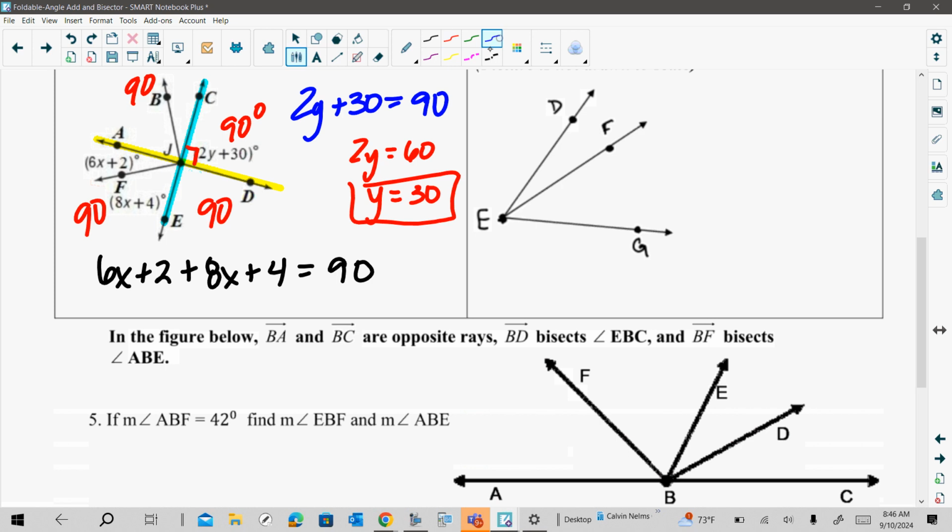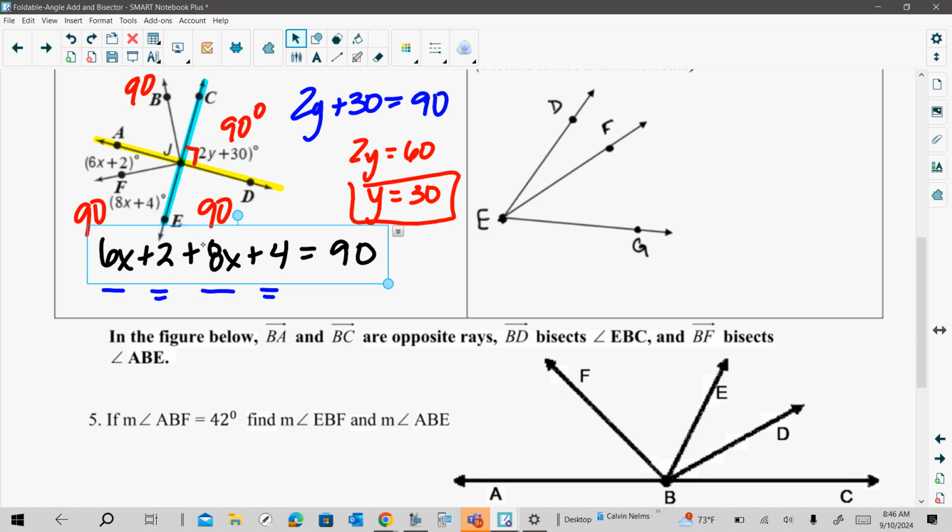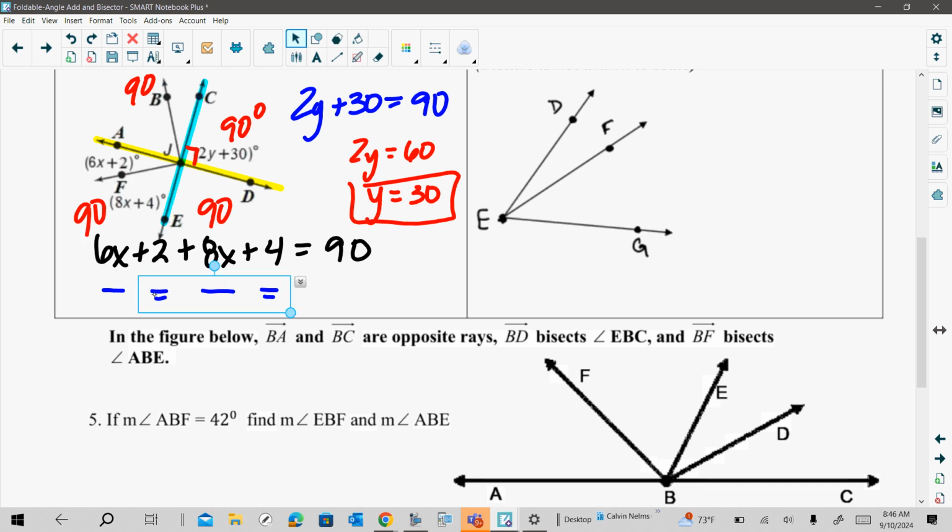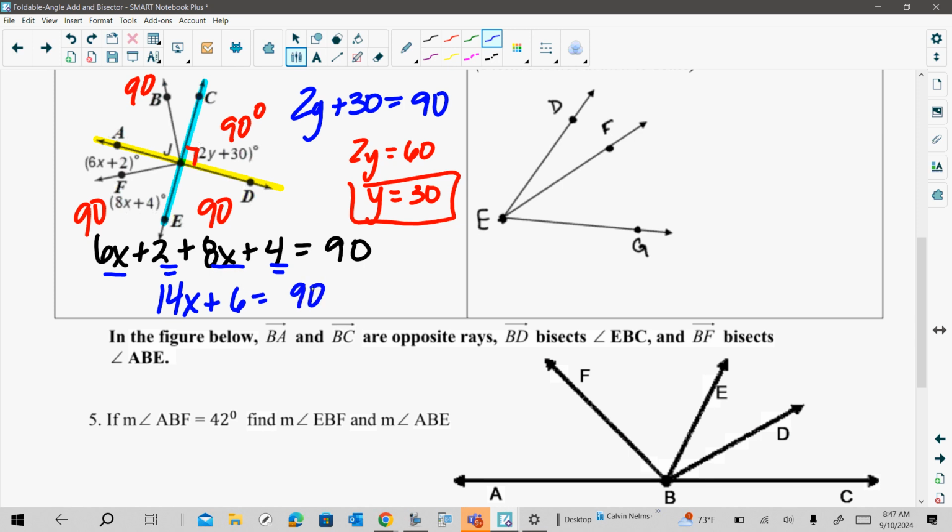For the x's, you need to combine your like terms. So you would end up with 14x plus 6 equals 90 when you combine your like terms. Now you're just solving for x.